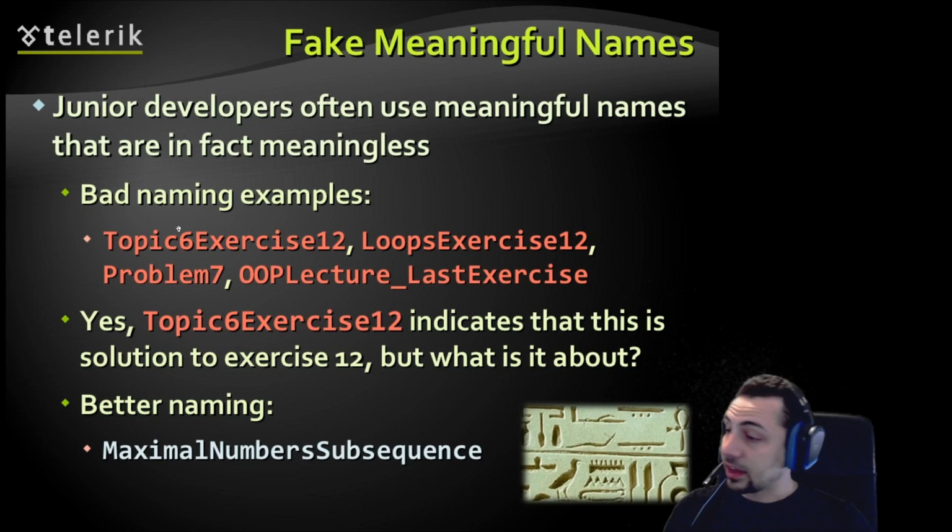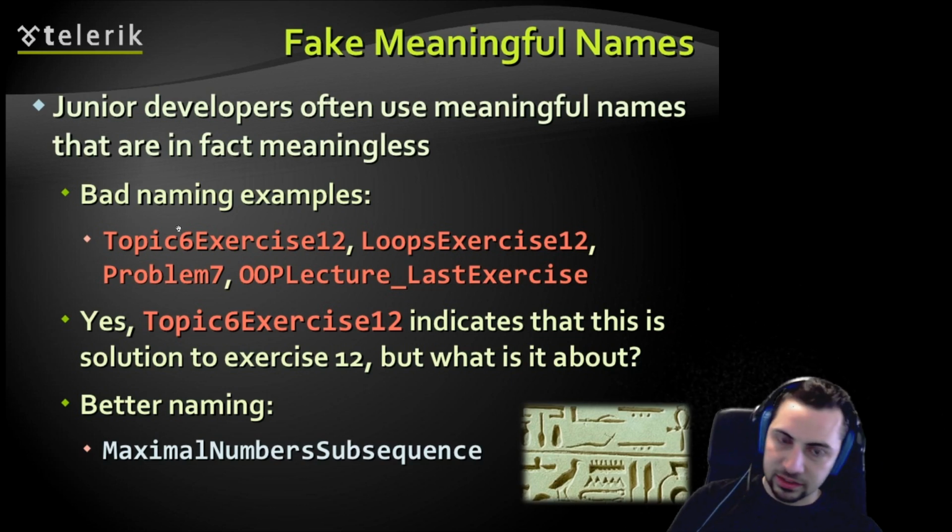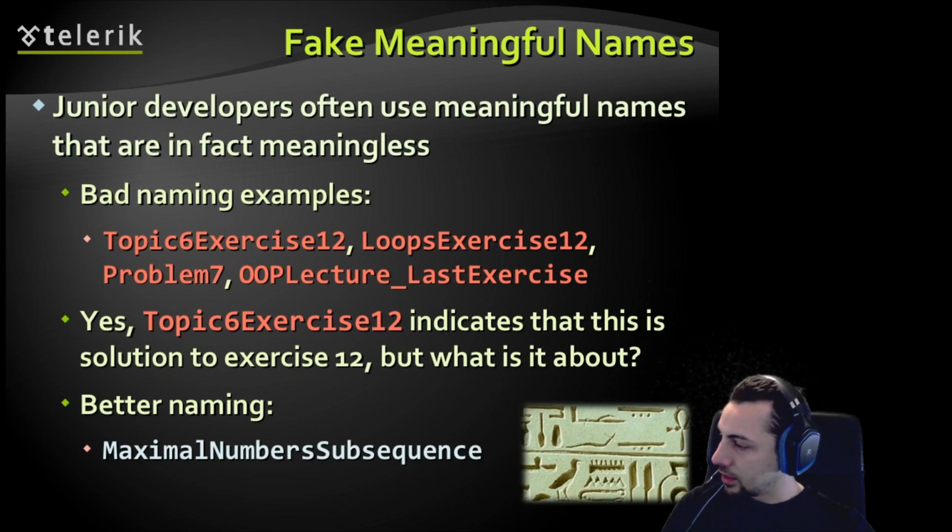Or the last exercise in the object-oriented programming lecture. But these are bad, specifically because they don't tell you what topic 6 exercise 12 is supposed to do. To determine whether you're using things in a good way, generate labyrinth generator, or a bad way, topic 6 exercise 12, I have a short guest lecture for you.